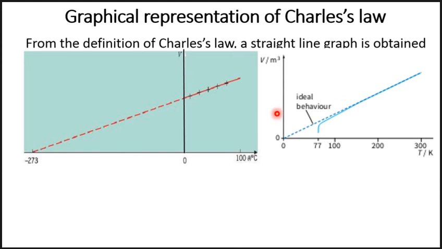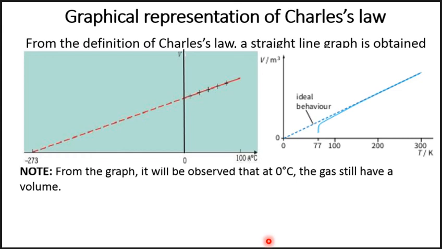Now, if we look at this fact that we have here, the fact that the graph is not starting from 0 degrees Celsius explains a phenomenon. If you look at the graph very well, you will observe that at 0 degrees Celsius, which is here, the gas still has a volume.